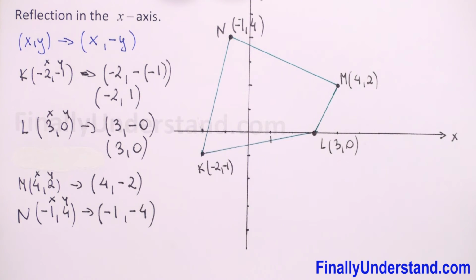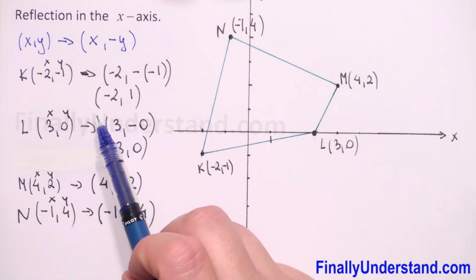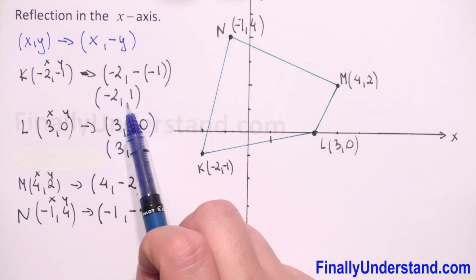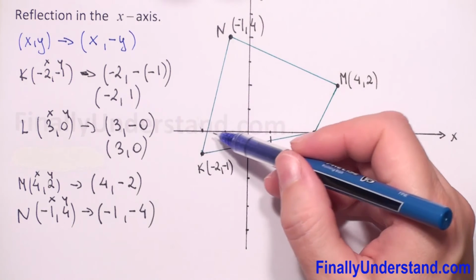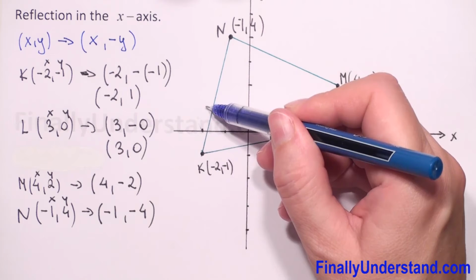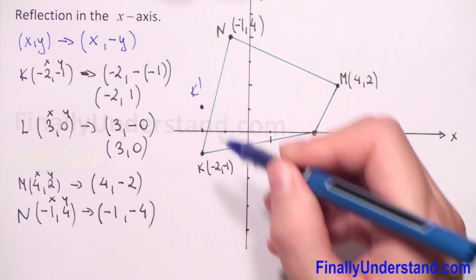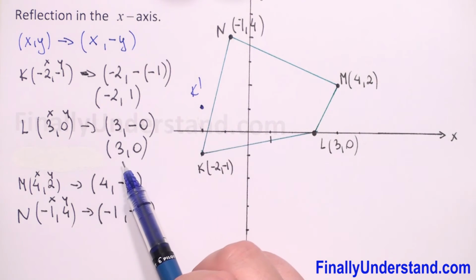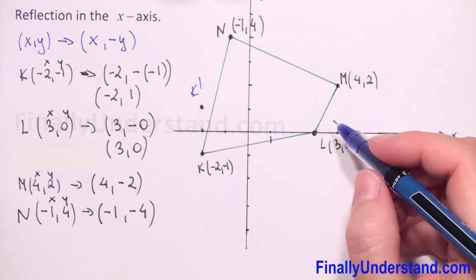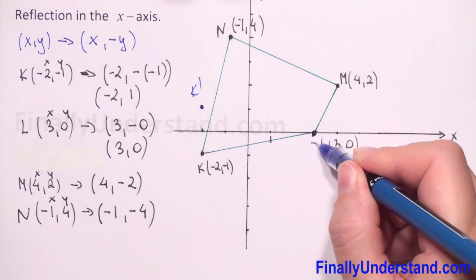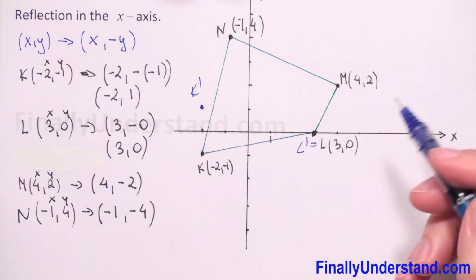So first point K will now be (-2, 1): -2, and we go up 1. This is our K prime now. L is now the same, (3, 0). This is our L prime.